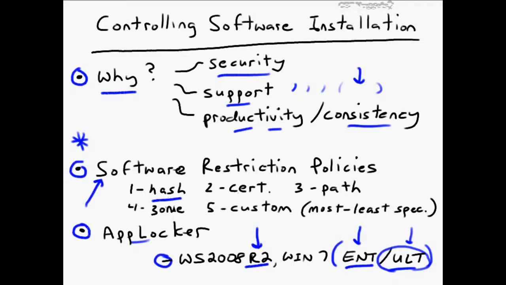And by the way, these 5 rules that I've listed are ordered from most specific to least specific. In other words, the hash rule is by far the most granular, tightly controlled, and specific rule, whereas the zone rule is pretty wide. In a nutshell, and we're going to cover these rules in AppLocker because they exist in AppLocker as well, at least most of them do.